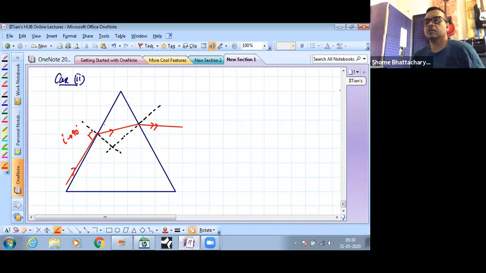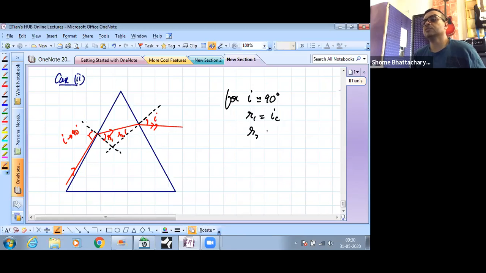Then for angle of incidence tending to 90 degrees, R1 becomes the critical angle.